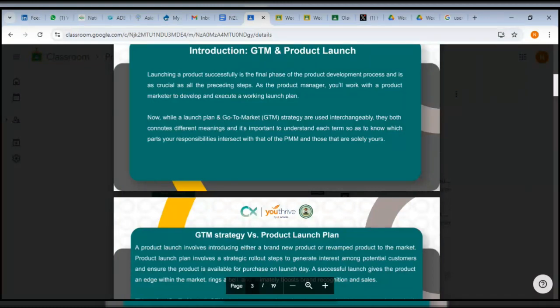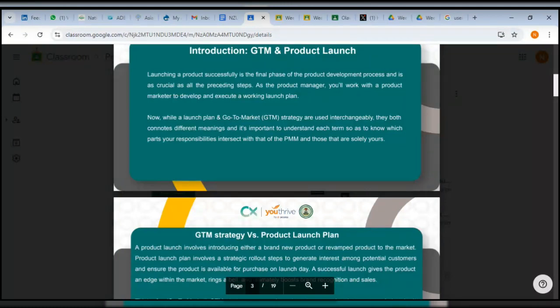Okay. So what it's saying here is basically, usually when you hear the go-to-market strategy, you also most likely will hear someone talk about the product launch strategy or plan. They are not the same thing, but very often in conversations they are used interchangeably. If someone is saying go-to-market strategy, someone is already thinking about the product launch plan and all that.